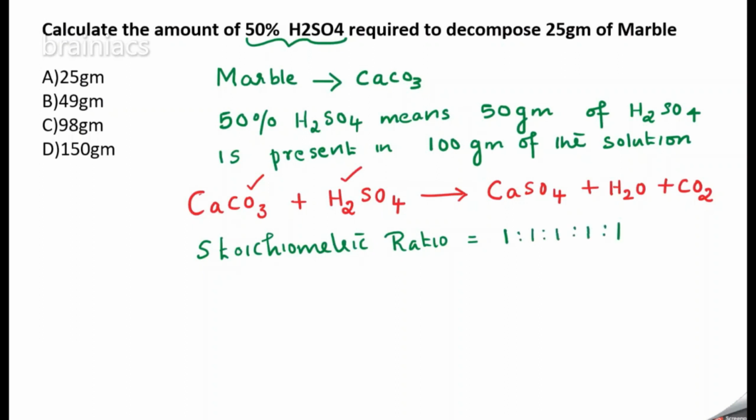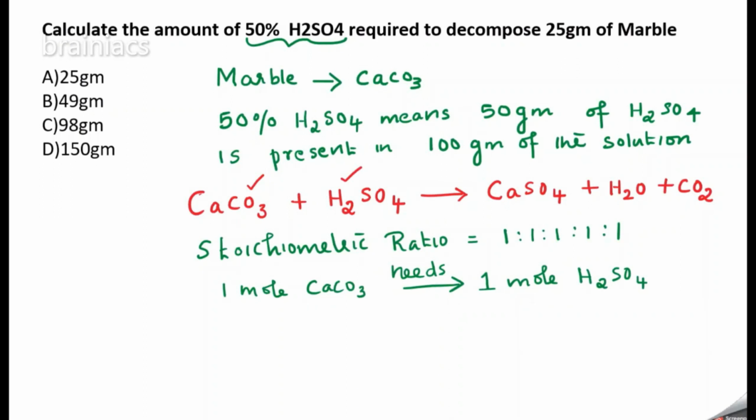Correct? So we know calcium carbonate and sulfuric acid need to be linked. So tell me, 1 mole calcium carbonate needs 1 mole H2SO4. Correct? But here they are asking you the amount.